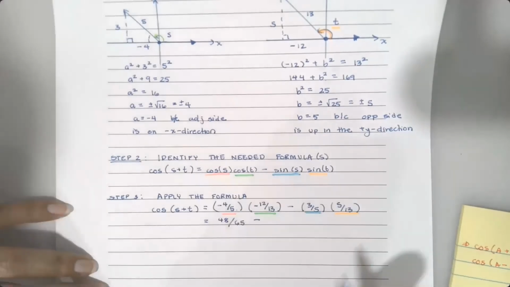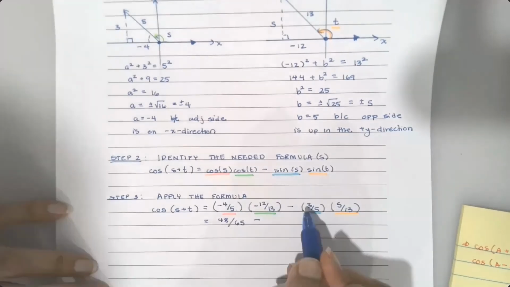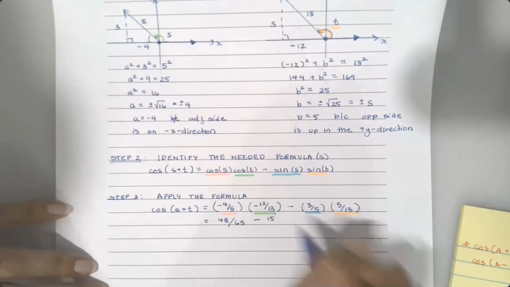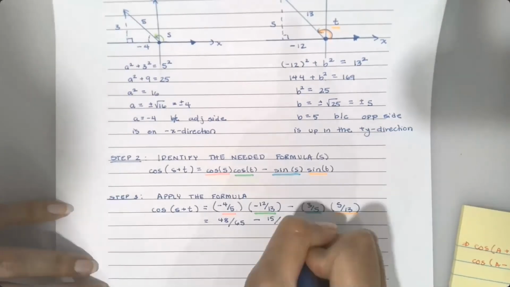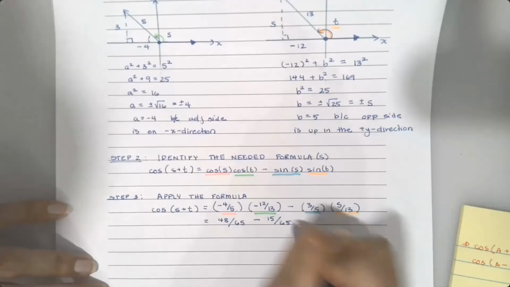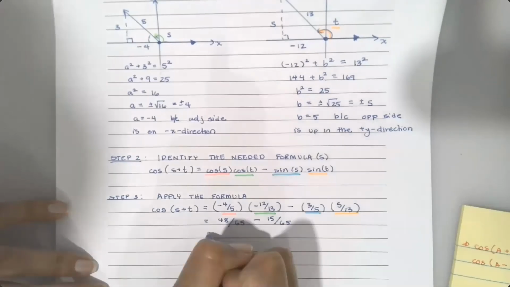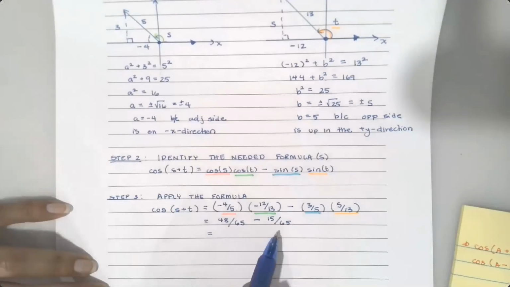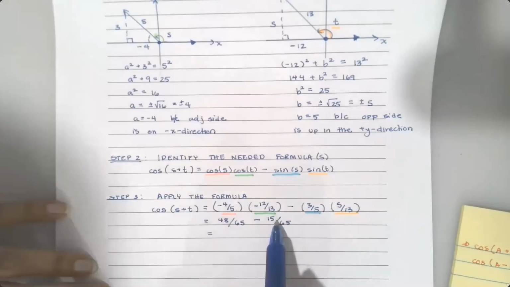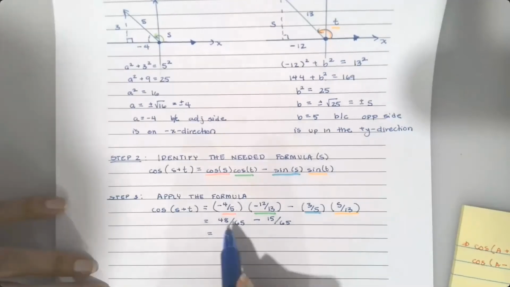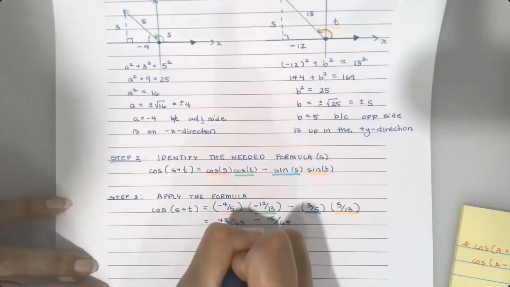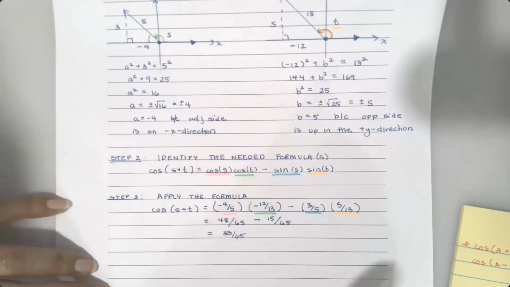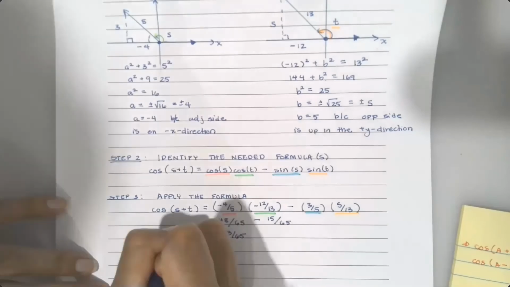And then we have minus 3 times 5, that's 15. 5 times 13, that's the same as before, so that's 65. Right, and then they have the same denominator, so that means we can subtract across the numerators. We're going to have 33 over 65. So that's our final answer.